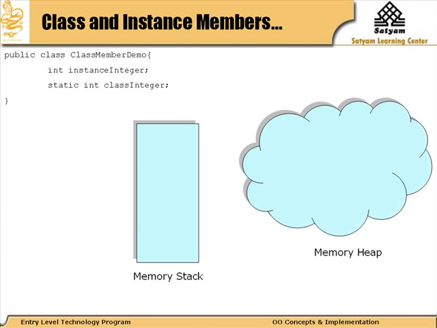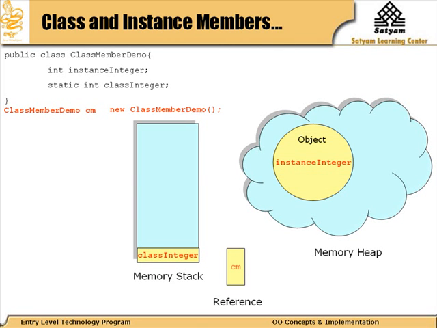Therefore, the classInteger is already created even when there is no object for class MemberDemo. Now, on creation of the object for class MemberDemo, the instanceInteger is created in the heap memory.